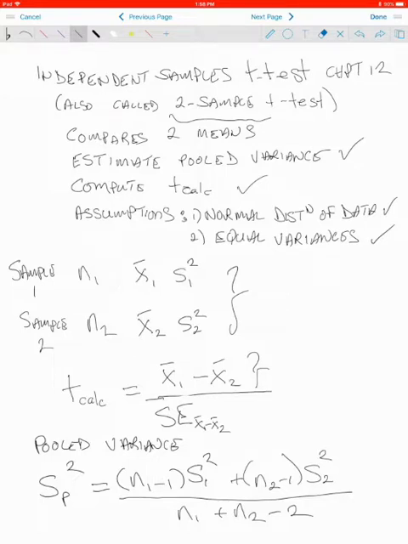That will give us the pooled variance. Once you have the pooled variance, you can then compute the standard error of the difference in means that we need in order to ultimately do our t calculation.